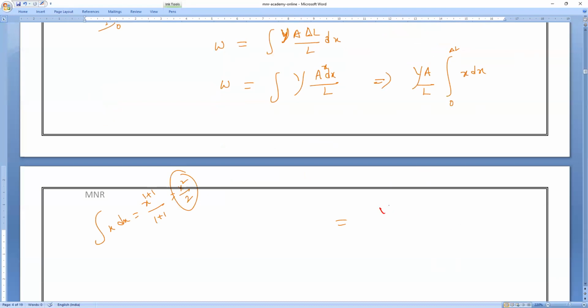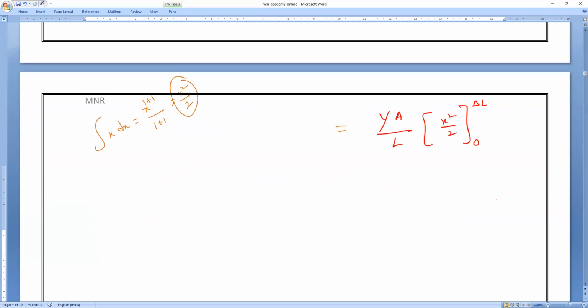So Young's modulus times A divided by L equals x square by 2, with limits from 0 to delta L. Now, in place of x we substitute delta L, so delta L whole square divided by 2. Now I will bring this 2 outside and write Young's modulus times A divided by L times delta L whole square.